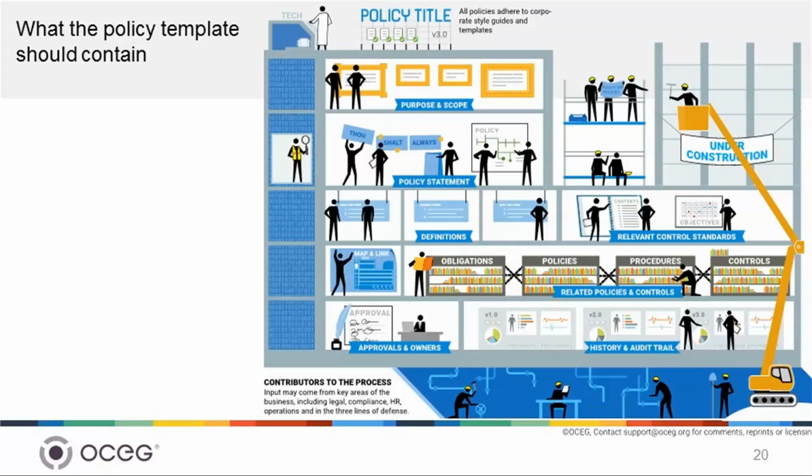But I argue that if it's an official policy of the organization, it should be in a standardized template, even though there might be some structural differences from one department to another department's policies because of technical needs and things like that. Like an IT policy might refer to logical and physical assets, where an HR policy doesn't. And so in that context, there might be some different structural pieces to different types of policies, but anybody should recognize it's an official policy just by the overall template it is in.